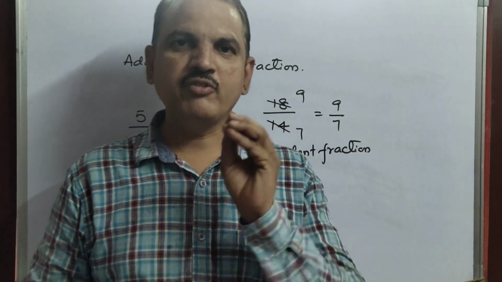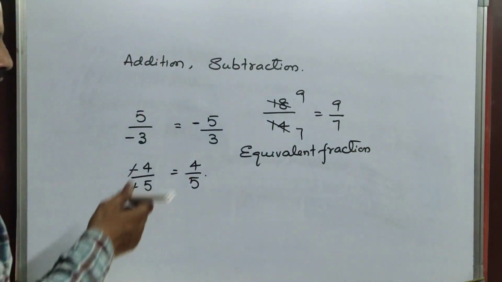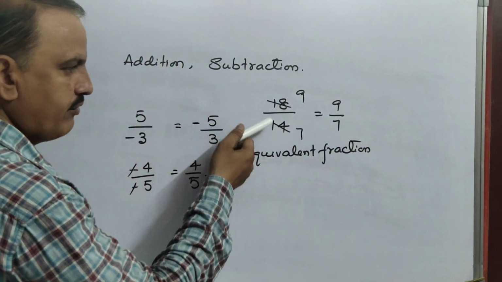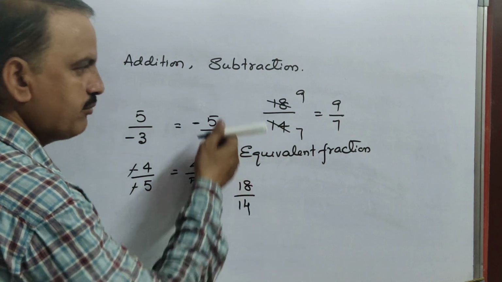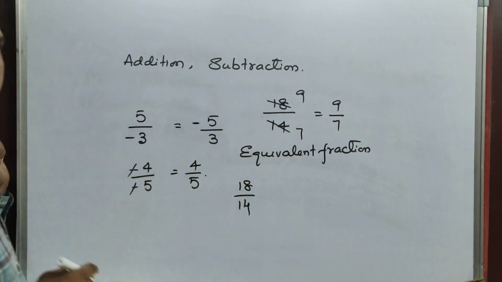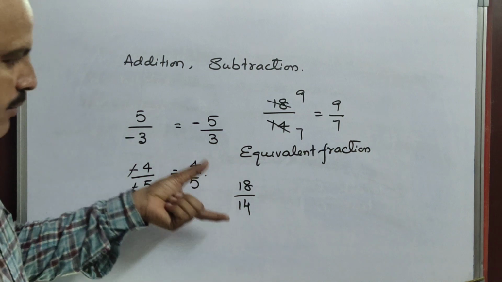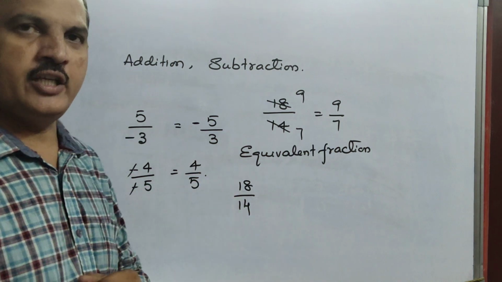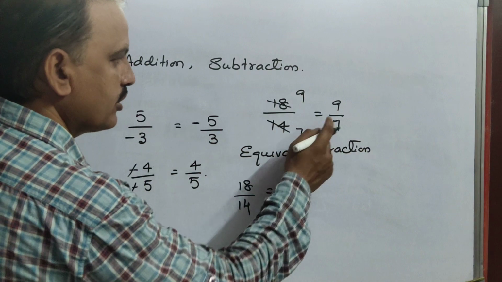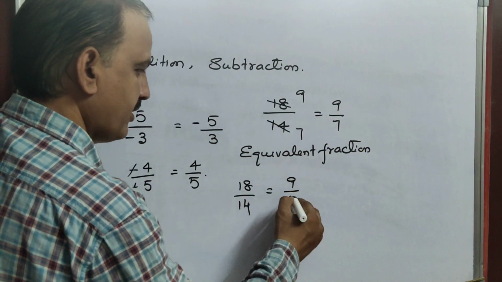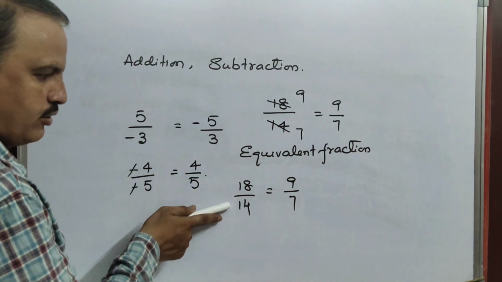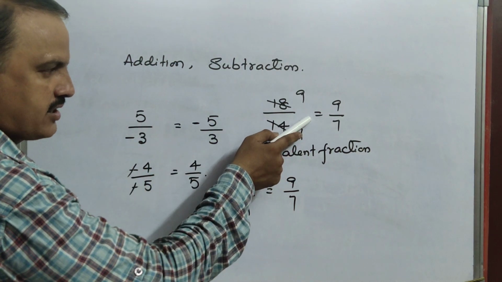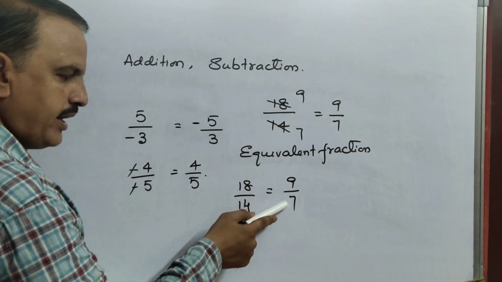To be frank, listen here. I'll take the example of 18 by 14. The same question here, 18 by 14. Now my question is, 18 by 14 is equal to what? I wrote 9 by 7. I cancelled 18 by 14 and got 9 by 7.